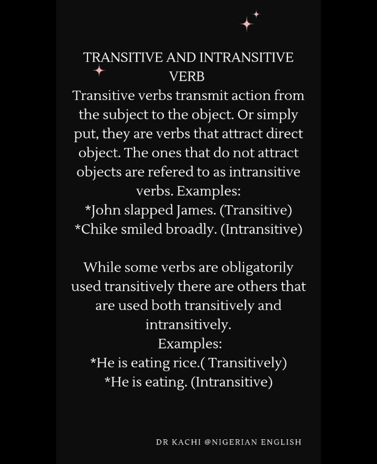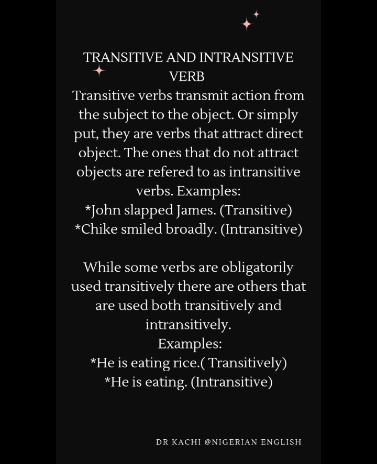Transitive verbs are those verbs that transmit action from the subject to the object, or simply put, you can say they are verbs that attract direct objects. So those ones that do not attract direct objects are referred to as intransitive verbs.